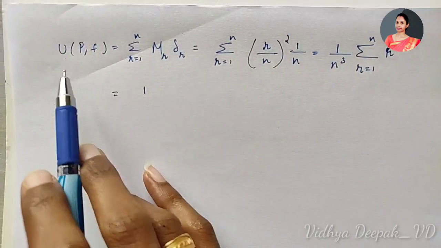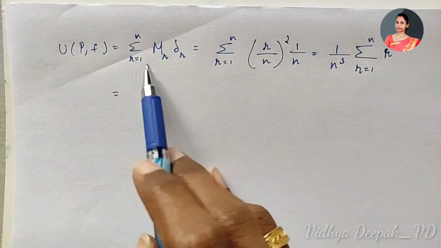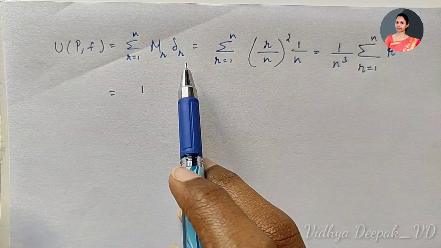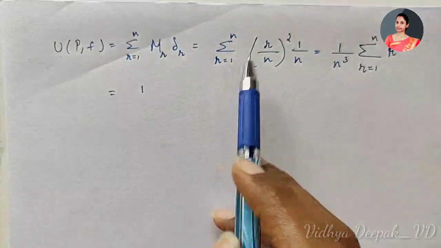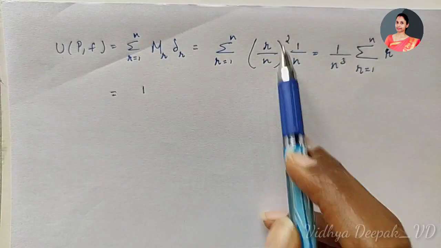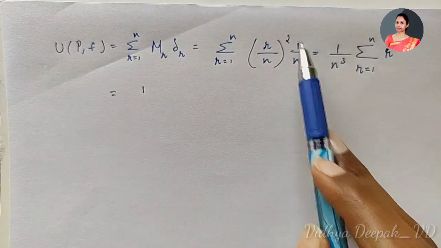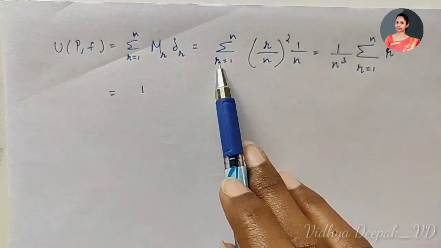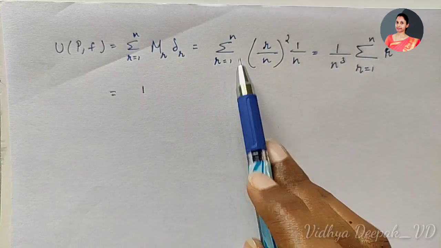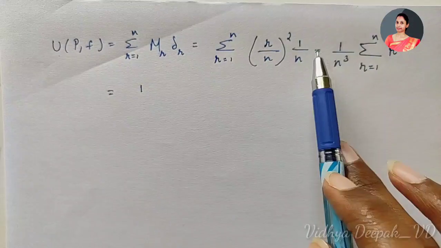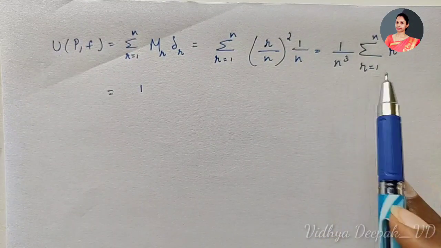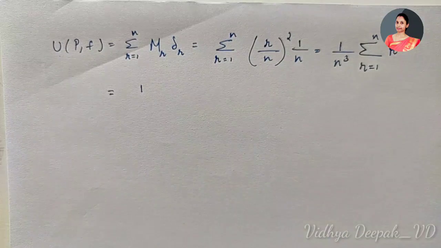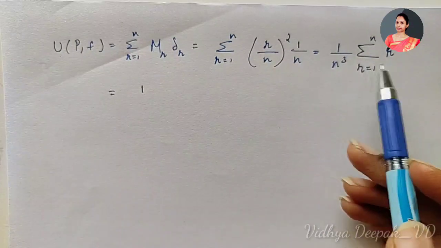Now we are finding U of P f, that is nothing but sigma r equals 1 to n of M r delta r, right? So now sigma r equals 1 to n, what is the M r value? We are substituting the delta r value, and simplifying. 1 by n does not come under r equals 1 to n, only r is changing, so we take 1 by n cube common outside, that is, we can remove it out of this summation.